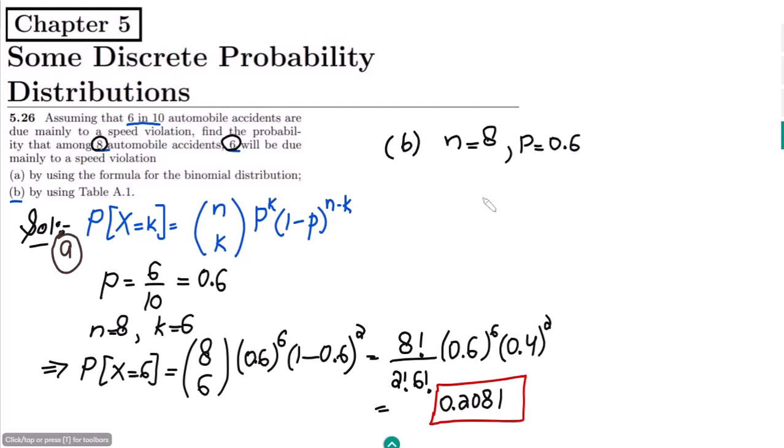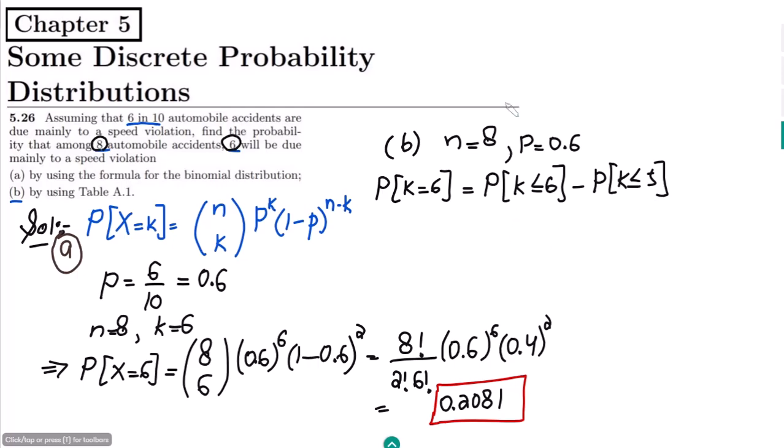Let me write part B here. In order to find the probability for k equal to 6, what do we have to do? We can very clearly see that we have to find the probability of all the items less than or equal to 6, and from it subtract the values which are less than or equal to 5.